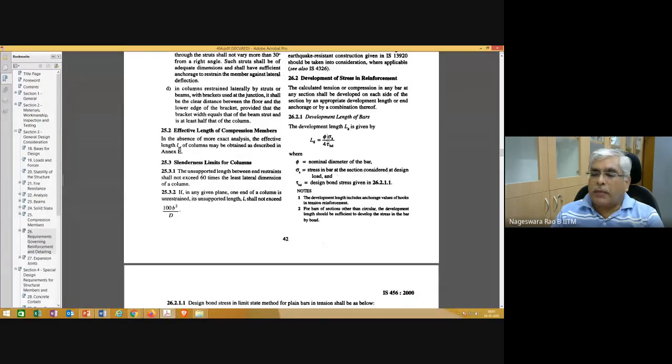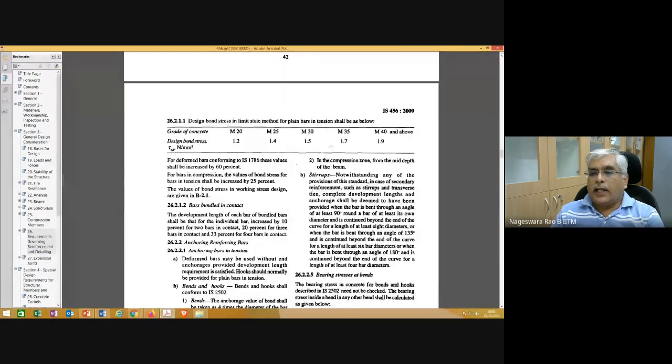Usually we are going to consider maximum stress, and 4 times tau BD. Tau BD is going to depend on the type of bar, whether it's plain bar or deformed bar, whether the bar is in tension or in compression.